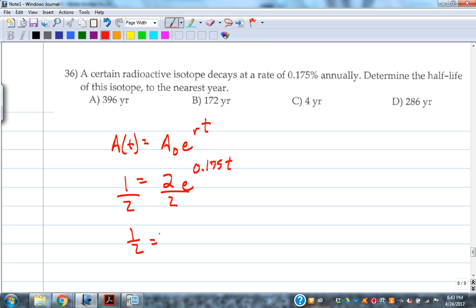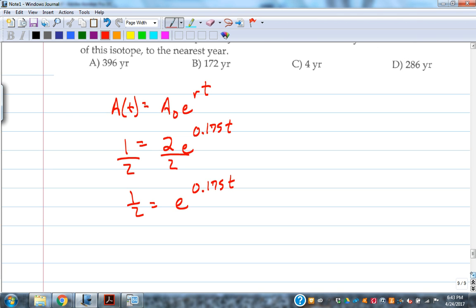Half-life, that's where that comes from. And then that's the same problem, just different numbers that we just solved for 38. That we just take the natural log of both sides. These cancel out, so we get 0.175 t. Natural log of 1/2.